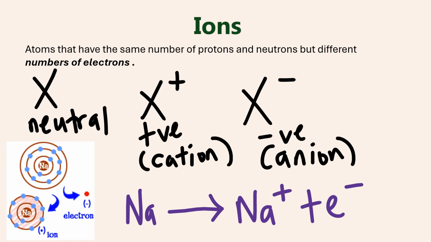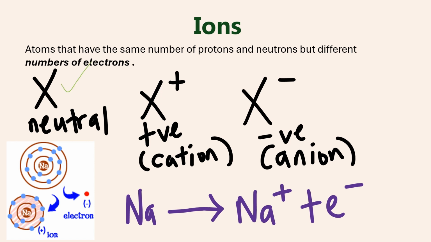And then you have your ions. This is the situation where, again, the number of protons is the same. So the atomic identity is the same, and the number of neutrons is also the same. However, the number of electrons that you find in the atomic shells surrounding the nucleus of the atom is different. So naturally, you will have the neutral version of an element.